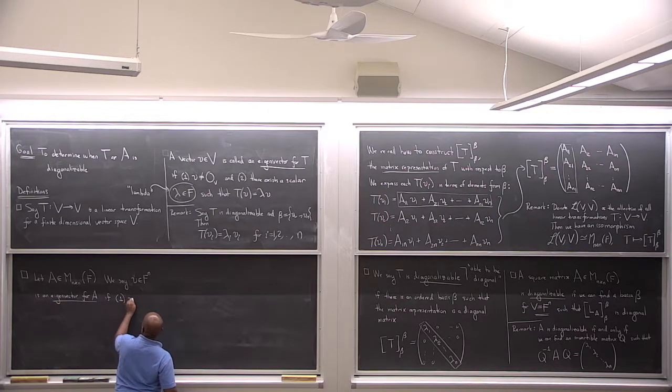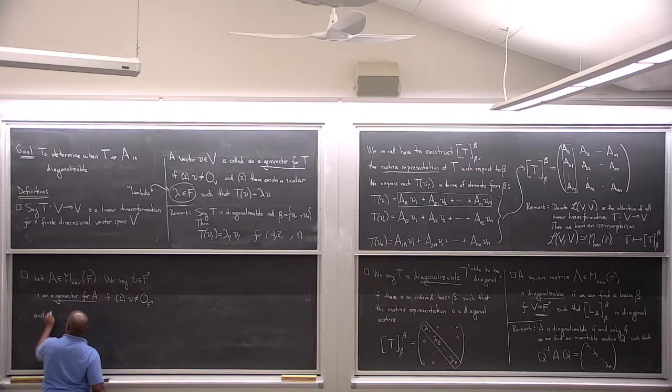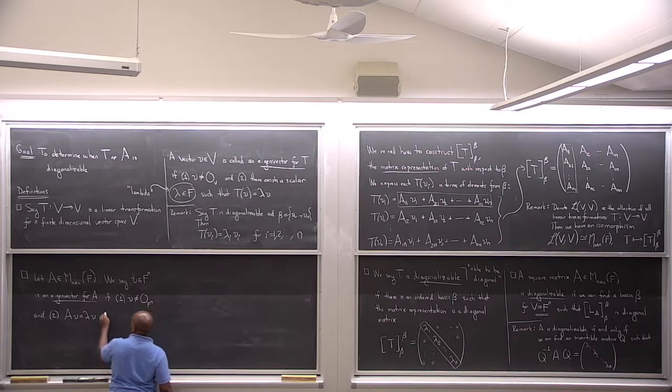Number one, v is not the zero vector. And number two, A times v is lambda v for some scalar lambda.